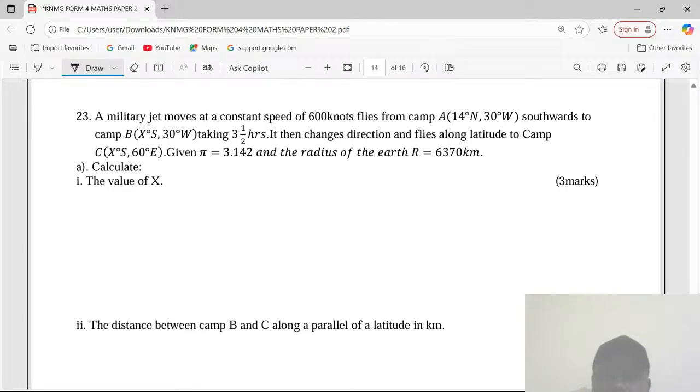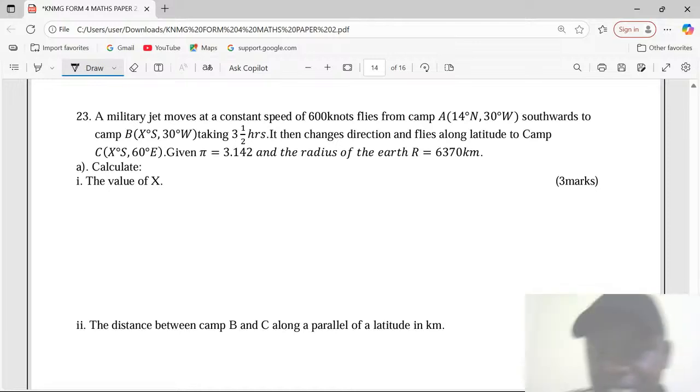It then changes direction and flies along latitude to camp C, x south, 60 east. Given that pi is 3.142 and the radius of the earth is 6370, calculate first the value of x.